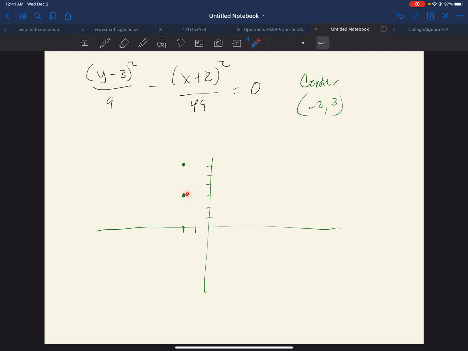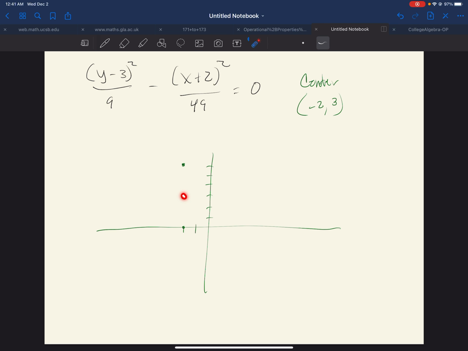So from the center, notice I went up 3 and I went down 3. That's because the square root of 9 is 3. And that is with the y, and the y does the up-down stuff if we labeled the axes. So then when we come to the x, we look at that piece, and that square rooted is 7.